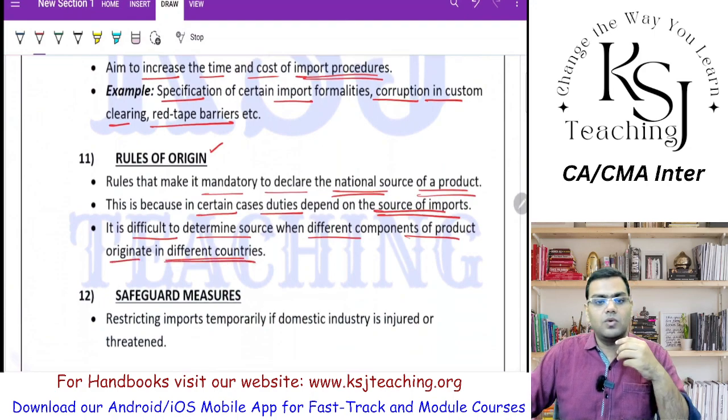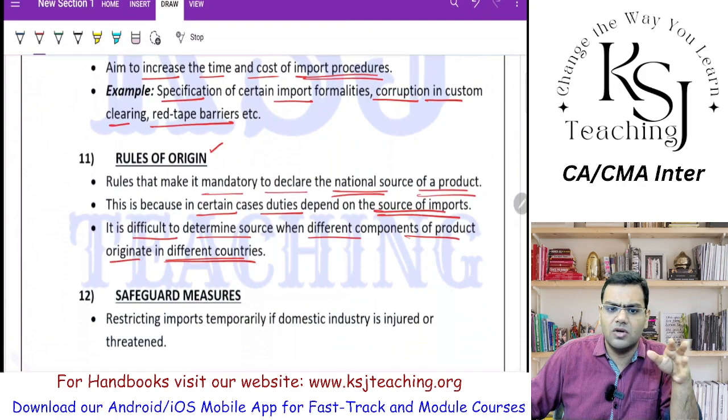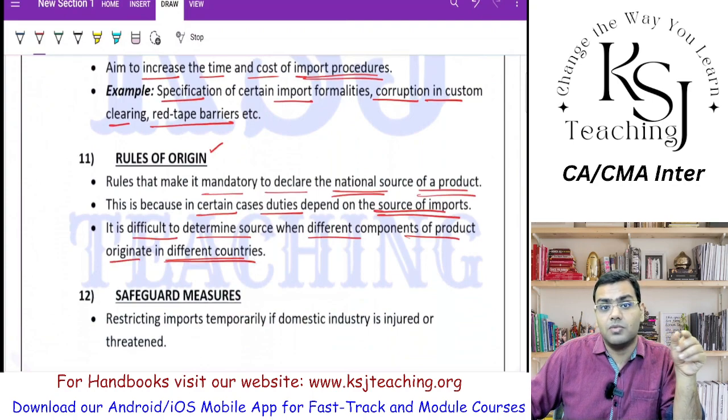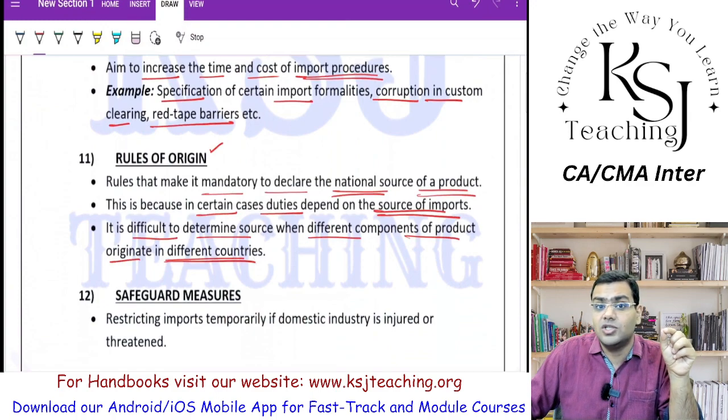Now, if you remember, I think it was during or after the lockdown, it was made mandatory on Amazon also to show the country of origin of a product when there was some problem between India and China. At that moment, India made it mandatory that on the Amazon website the country of origin should be shown.